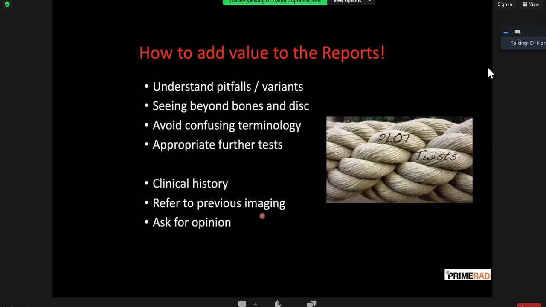If the patient has previous imaging, ask for it. And if you're not sure of anything, don't hesitate. Ask, phone a friend, ask anybody who is a specialist for an opinion. That will be a huge saving for the patient and a big learning exercise for yourself.